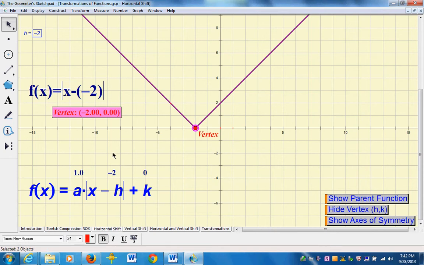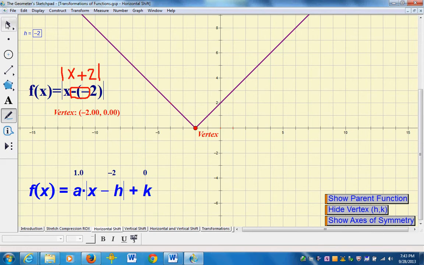My vertex is at -2, 0. But the thing I want you to notice is that this part of the function right here is a negative times a negative. A negative times a negative is going to make that a plus. So this is going to be the same as the absolute value of x plus 2.